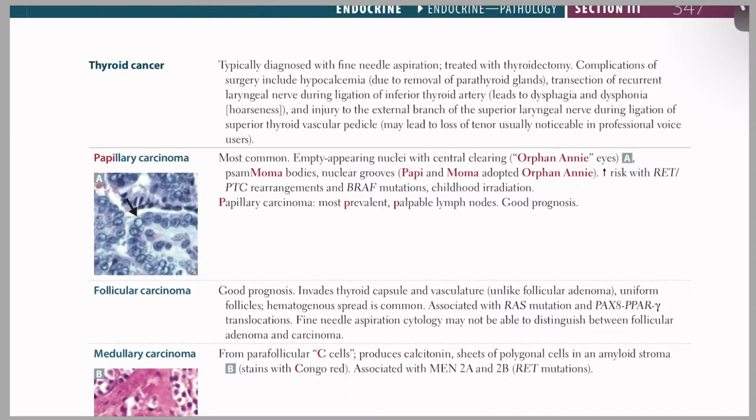Complications of surgery include hypocalcemia due to removal of the parathyroid gland, transection of the recurrent laryngeal nerve during ligation of the inferior thyroid artery, leading to dysphagia and dysphonia, hoarseness, and injury to the external branch of the superior laryngeal nerve during ligation of the superior thyroid vascular pedicle.